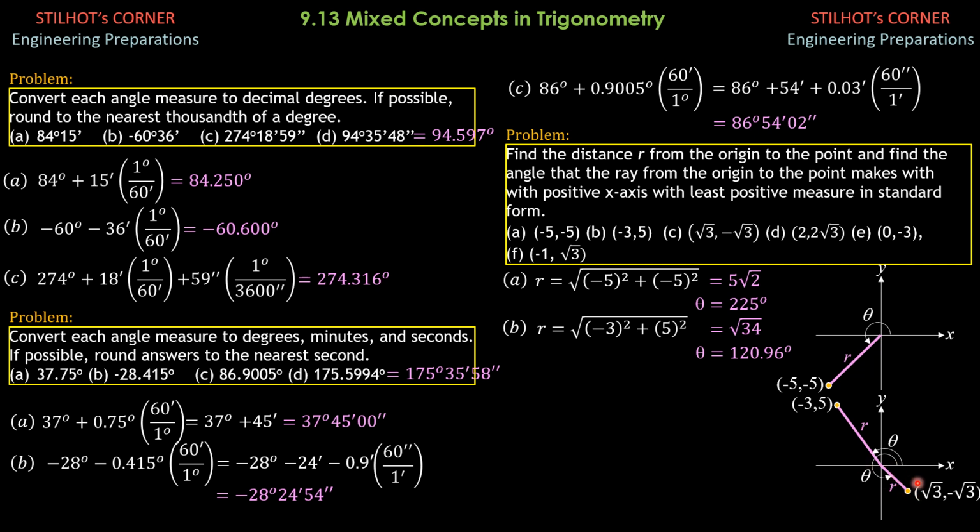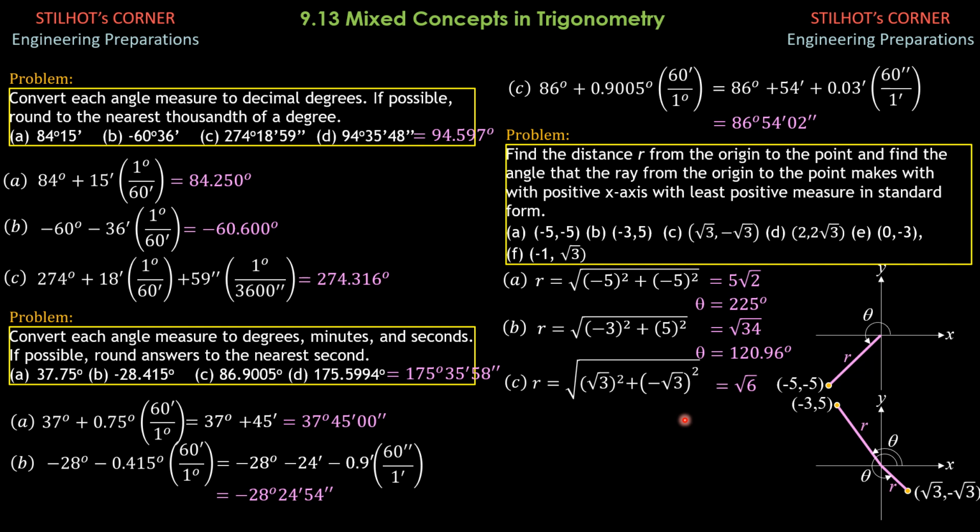Since the sides are equal numerically, the angle that the ray makes with the x-axis is 45 degrees, but reckoned from the positive x-axis in the counterclockwise direction, that's 360 degrees, 1 revolution, minus 45 degrees. So theta is 315 degrees. R is square root of 6.